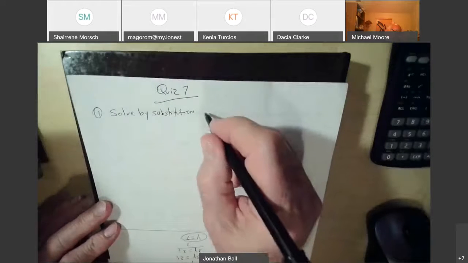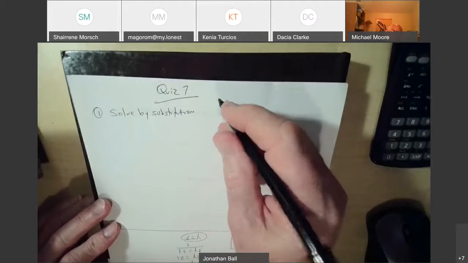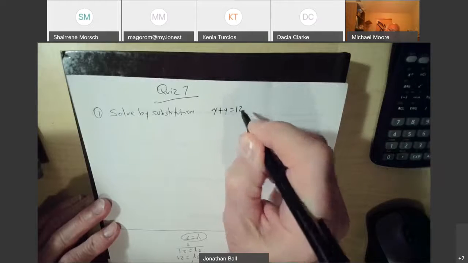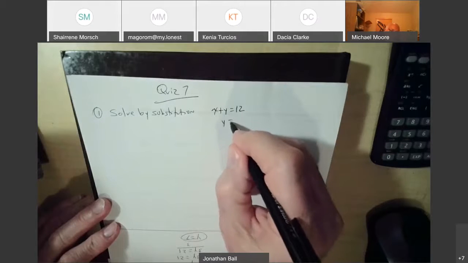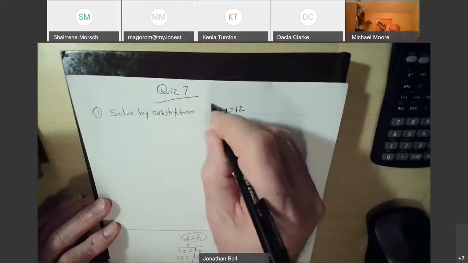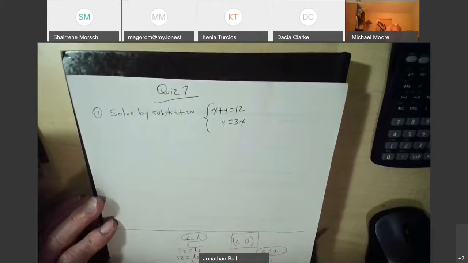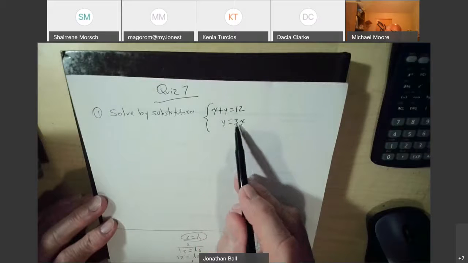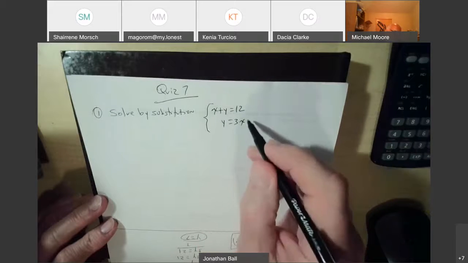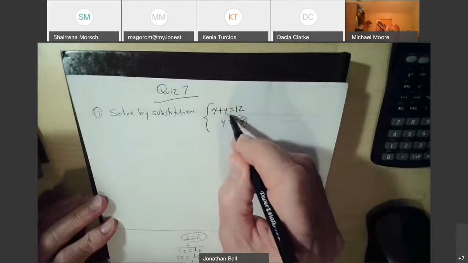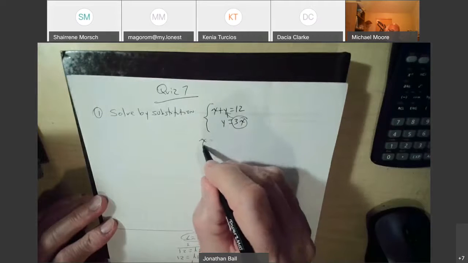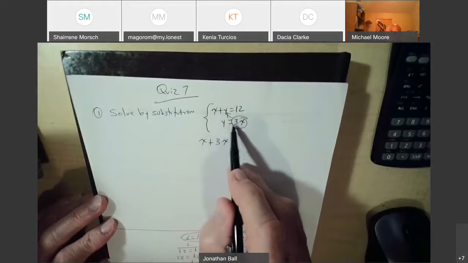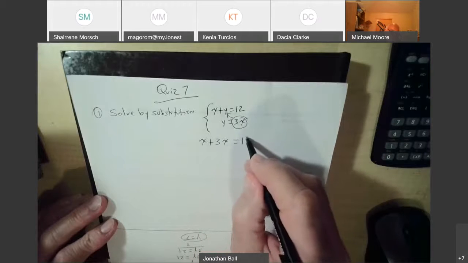Solve by substitution. If you have x plus y equals 12 and y equals 3x. Okay, so we know that y and 3x are the same. So we're going to substitute the 3x in the other equation for y. So we have x plus 3x, because y is 3x, equals 12.